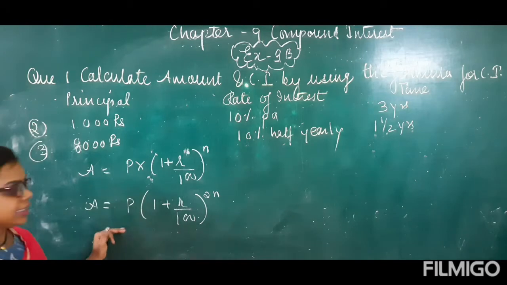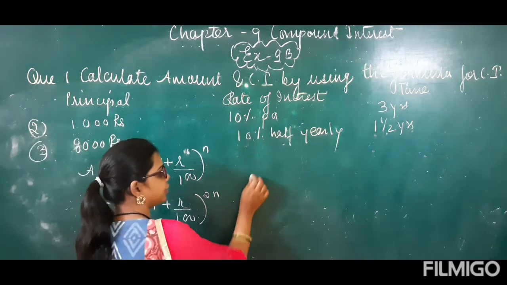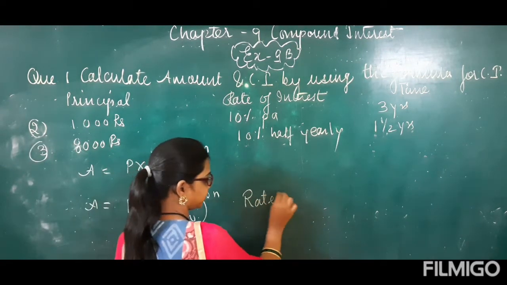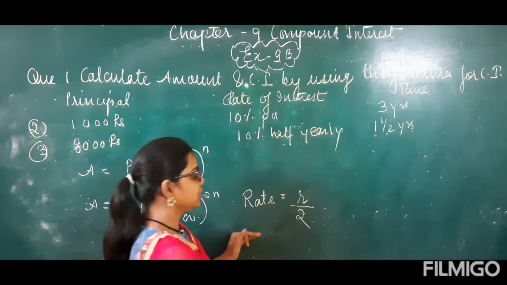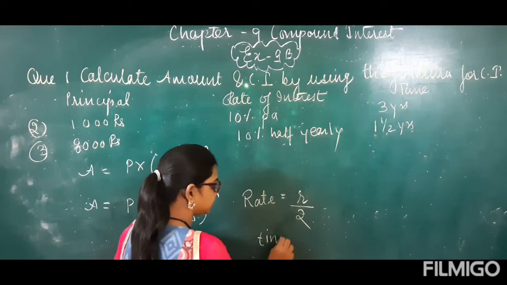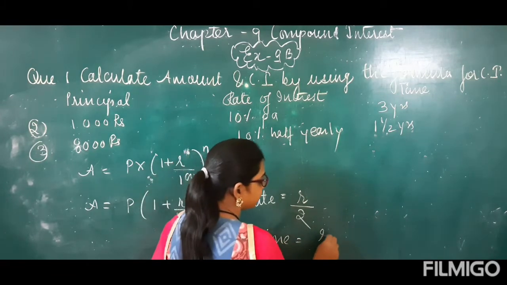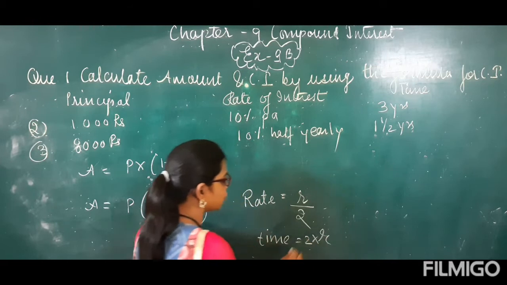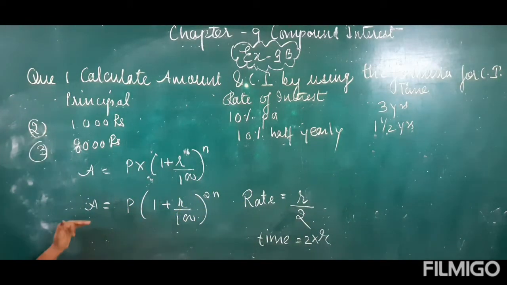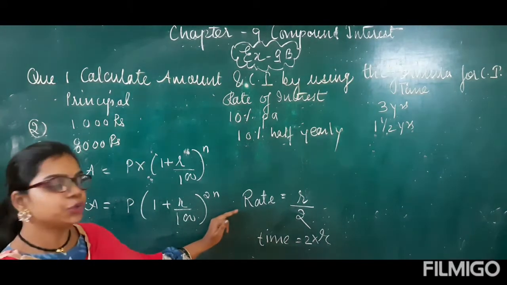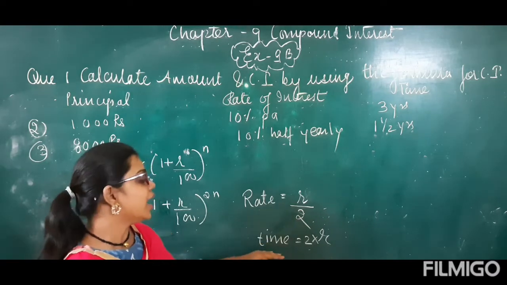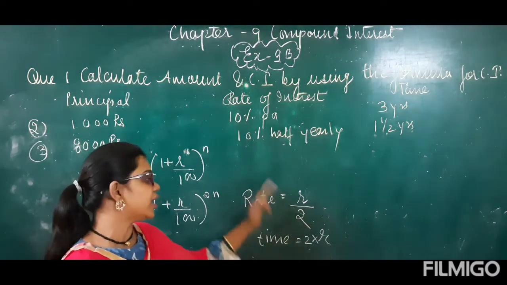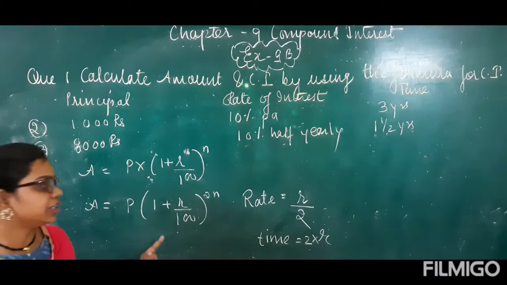In half yearly, the rate of interest r is divided by 2, and the time is multiplied by 2. In the case of half yearly, the amount formula will be 1 plus r upon 100 to the power 2n. Here the rate of interest is divided by 2 and time is multiplied by 2, as I have shown you in the introduction video.